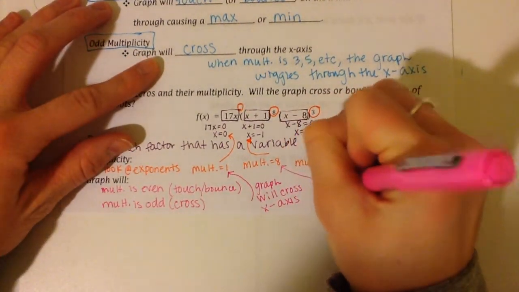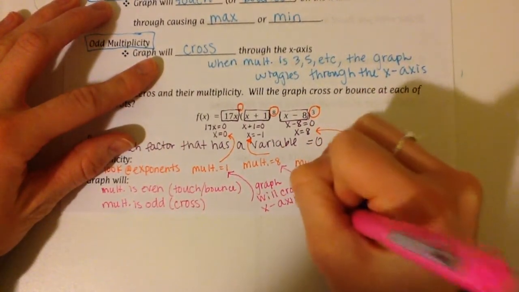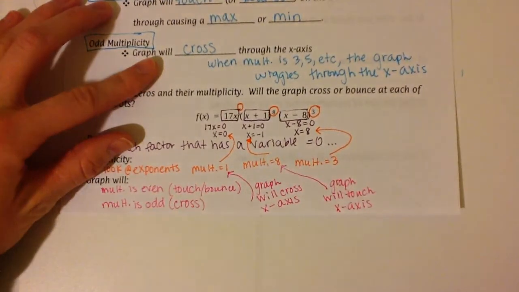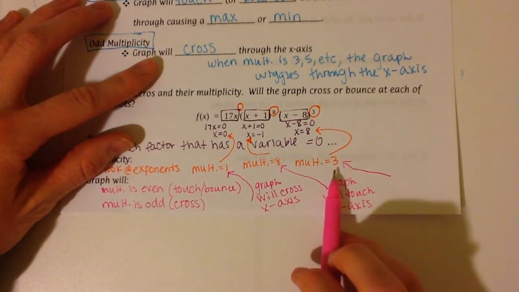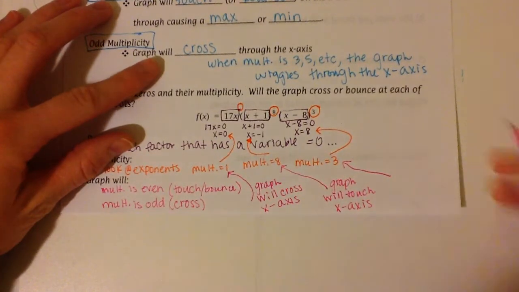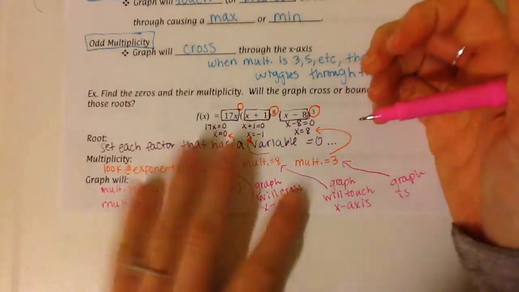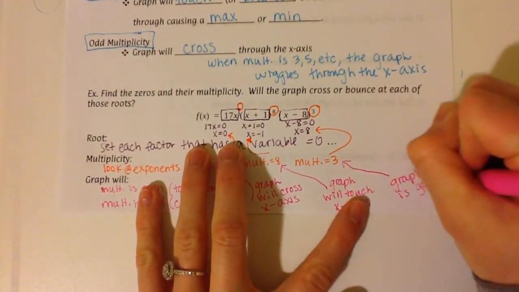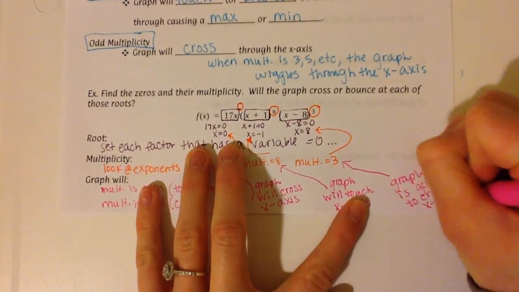So the graph will touch the x-axis. And the last one, we have to look at our multiplicity of 3. Well, 3 is odd, so the graph is going to cross the x-axis.